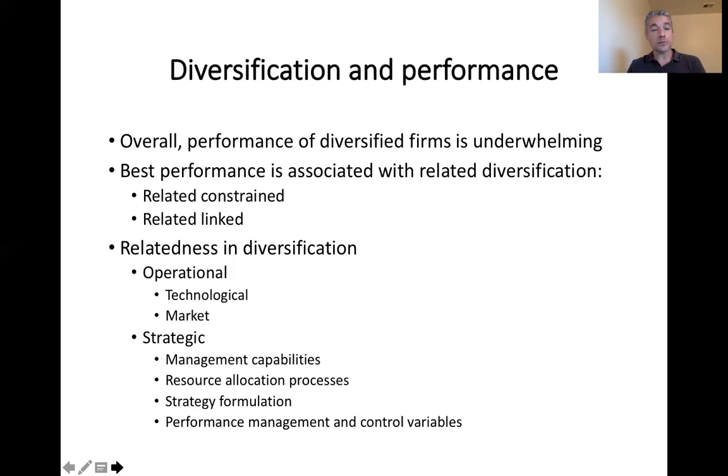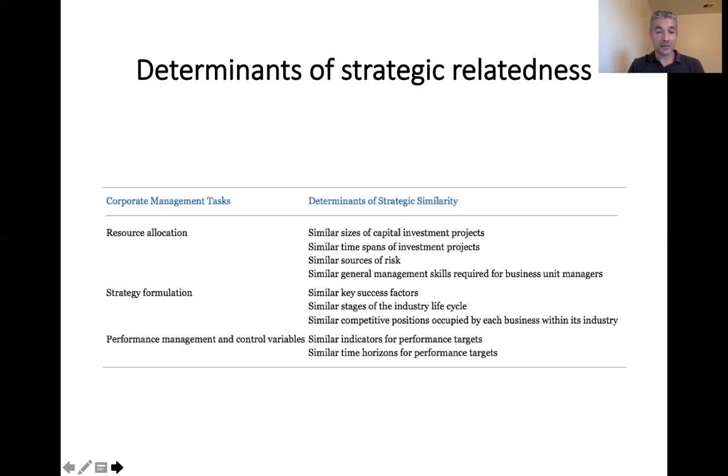Apart from operational relatedness, you may talk about strategic relatedness, right? So things like management capabilities, resource allocation processes, strategy formulation, performance management, those things matter as well.